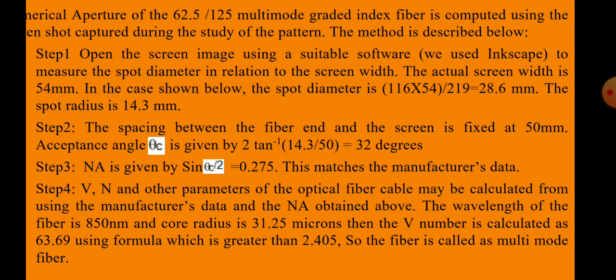After computation of these numerical values, you get the V number, which is equivalent to 63.69. So now the conclusion for the multimode section: 63.69 is our calculated V number, which is much greater than 2.405. Then the fiber is said to be a multimode.